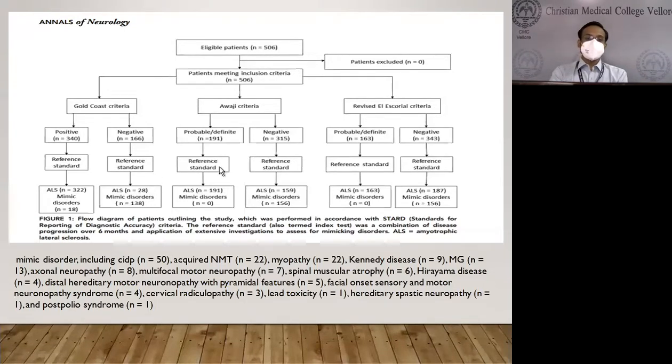The reference standard here, if you have called probable ALS, is clinical and electrophysiological progression 6 months later and exclusion of other causes. If they progressed like ALS, they were subsequently changed from mimic to ALS, or from ALS to mimic.